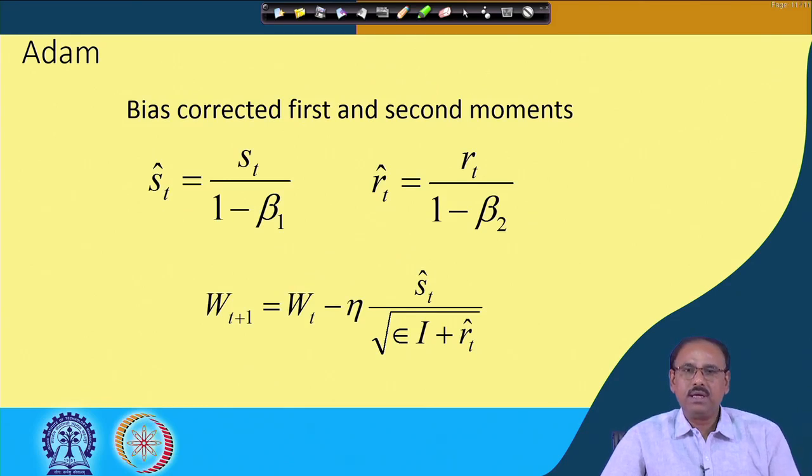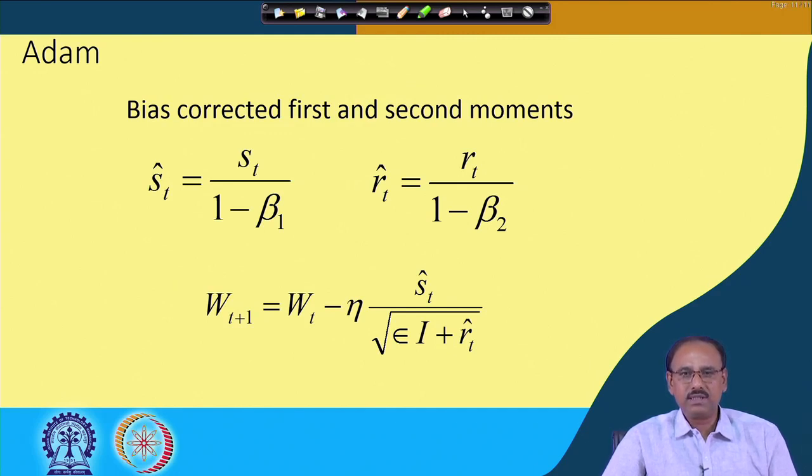So after correction, it becomes St upon 1 minus beta 1. So this corrected first moment is represented as St hat. Similarly, the corrected second moment, which is Rt hat, is nothing but Rt by 1 minus beta 2.